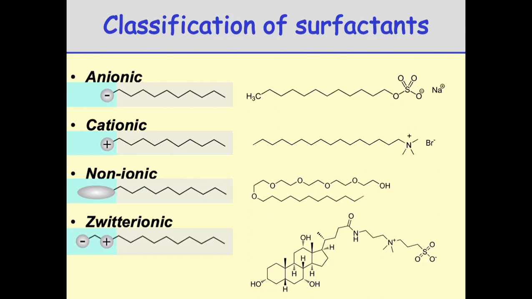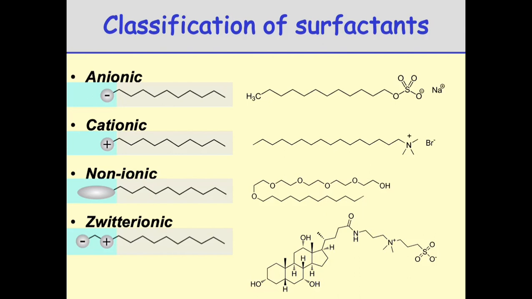So it has NH, it has an N plus, and it has an SO3 minus there, and you can see it has a positive and a negative charge in that molecule. And so that molecule is zwitterionic in that its net charge is 0, but it contains within its head group both a positive and a negative charge.